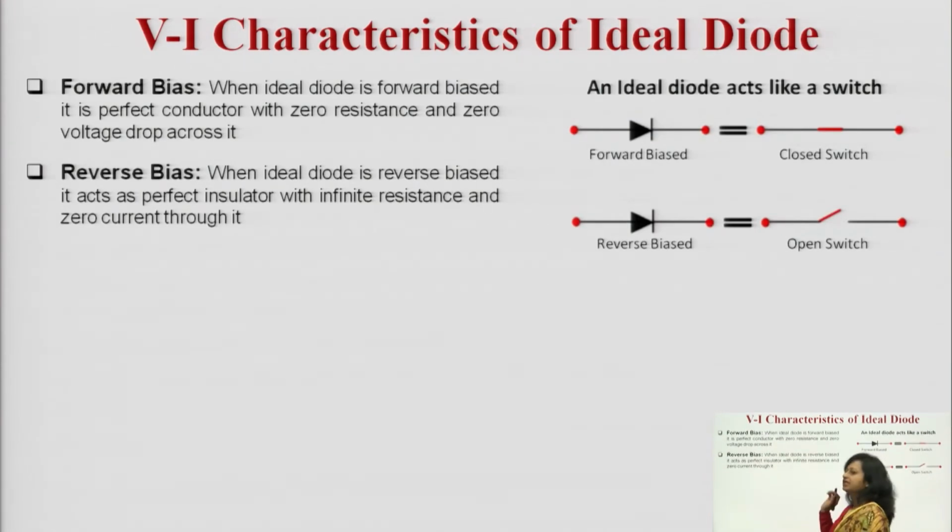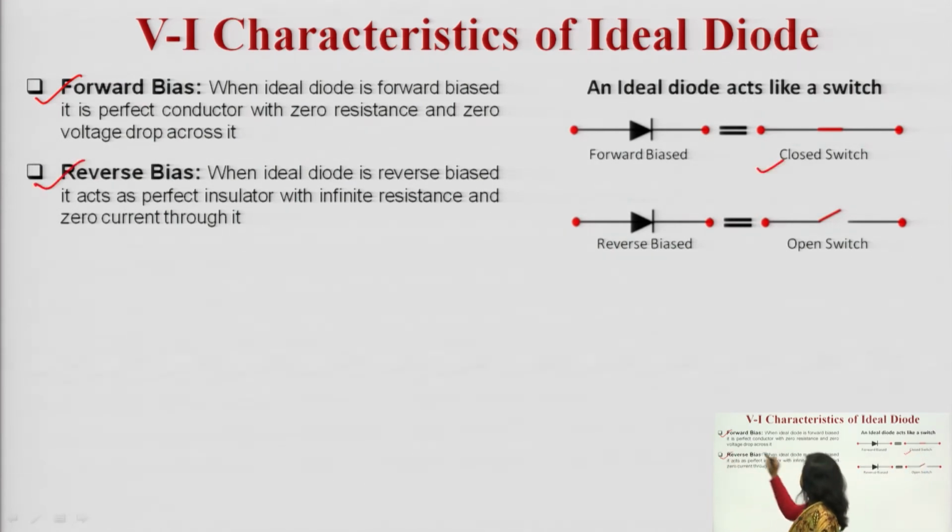Now, see, as I have told you, in the ideal case, in the first approximation, what happens when the diode conducts, when it is in a forward bias condition. In forward bias condition, when the diode conducts, it behaves as a perfect switch, and the condition will be closed, on. While in the reverse bias condition, the diode is not conducting.